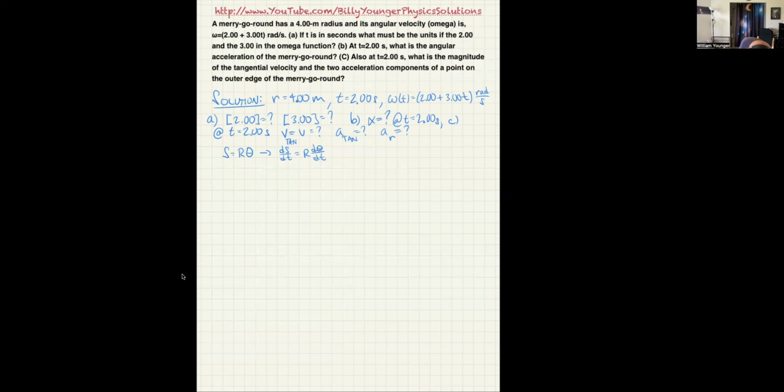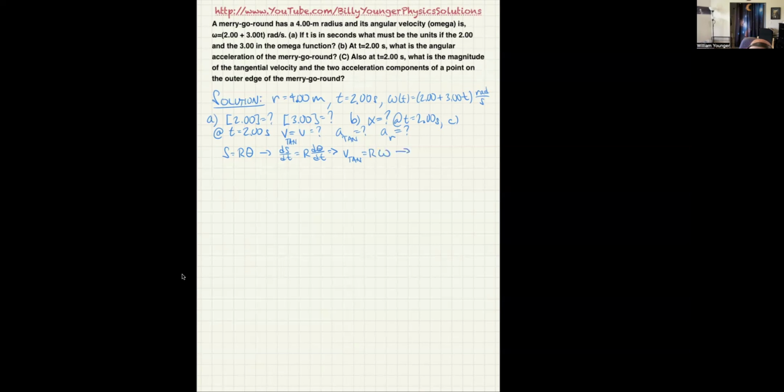But we already know, of course, that d theta over dt is omega, and ds over dt is our tangential velocity. So we're going to use v tan is equal to r times omega.